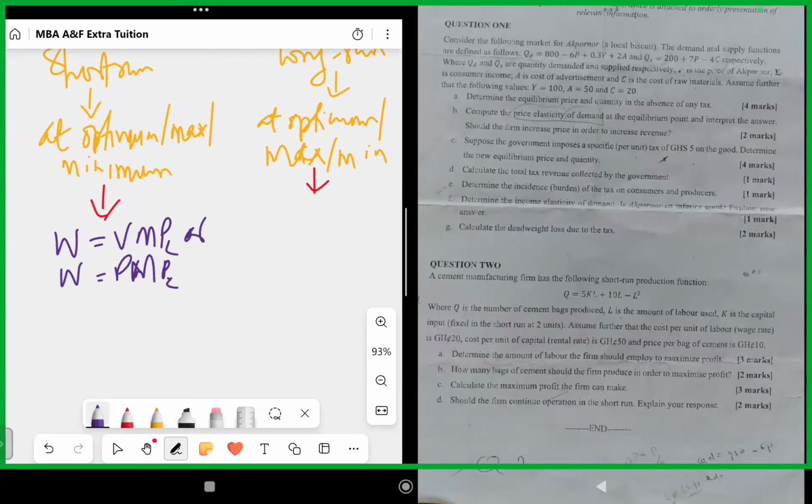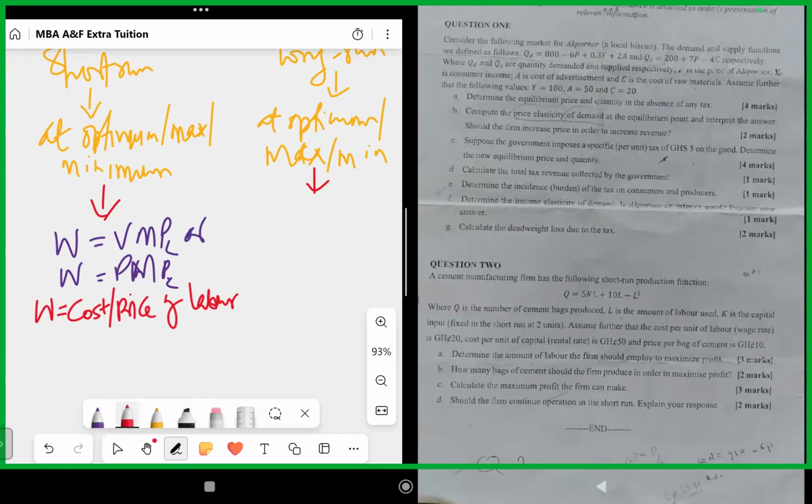Another word in the question, they can say wage, or they can say the rate, cost of labor, or price of labor. Are you getting it? Yeah.